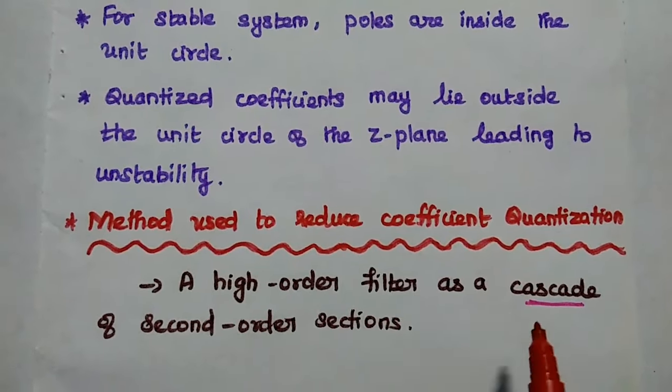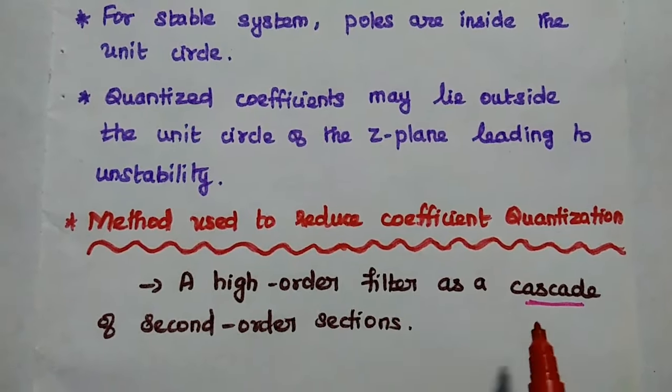Okay. Let's solve one problem in the coefficient quantization method. Here we find the effect of coefficient quantization on pole locations for the given second order IIR filter using the direct form 1 method.